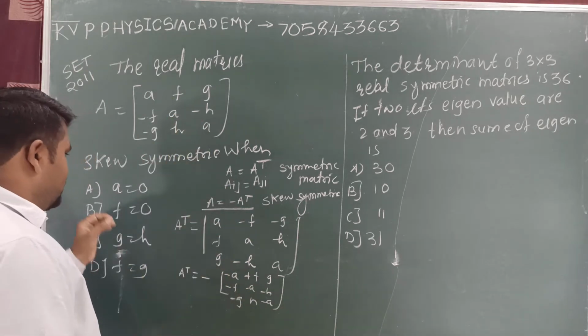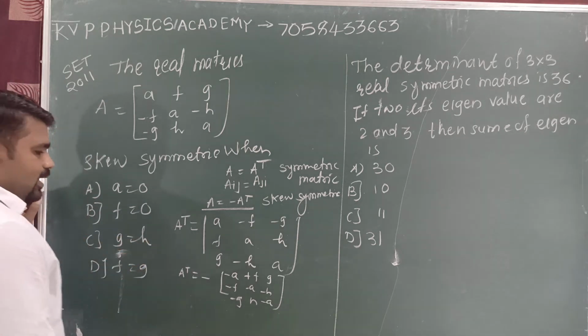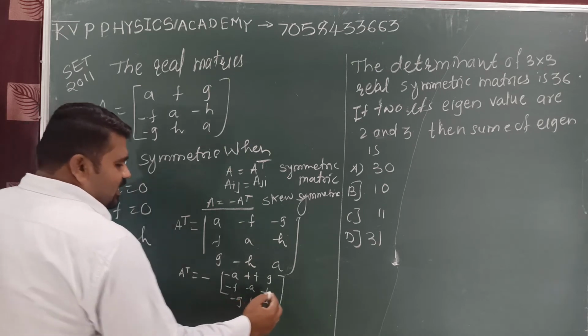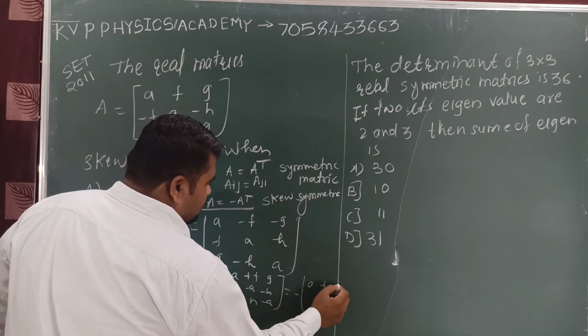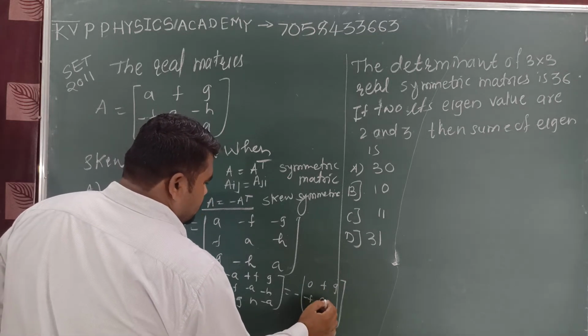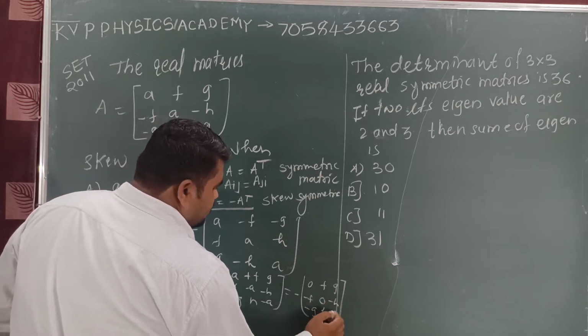Yes or no? Here we can substitute A is equal to 0. Then the matrix is like that: 0, F, G. Next, minus F, 0, minus H, minus Z, minus H, 0.